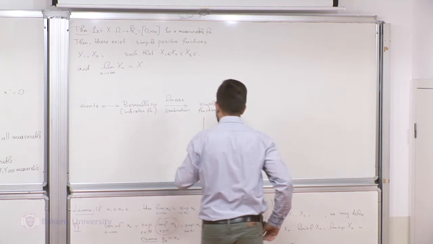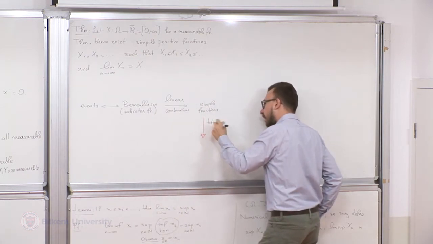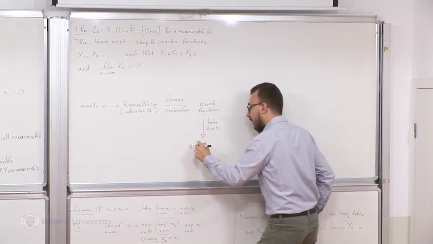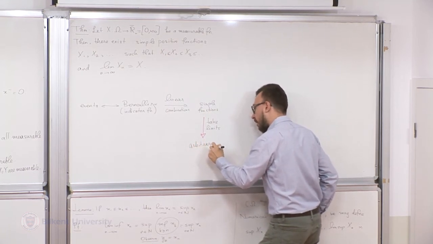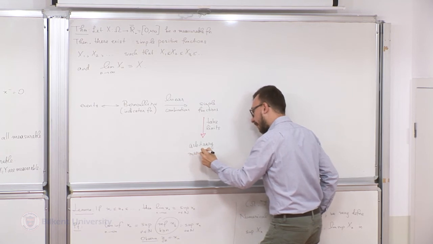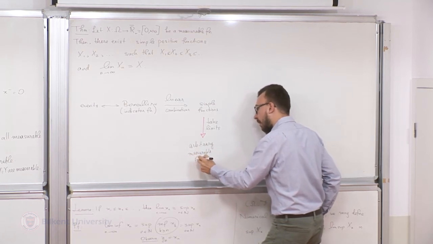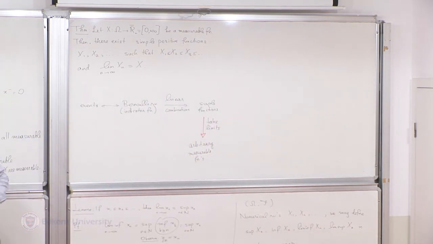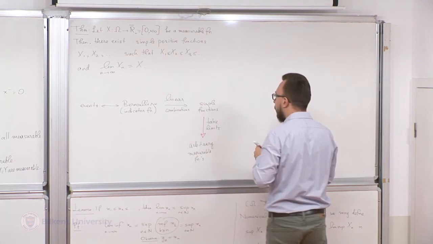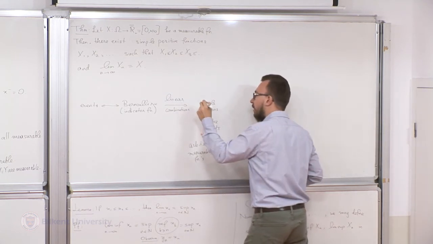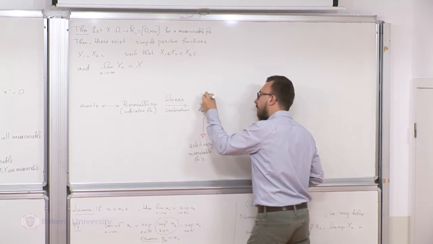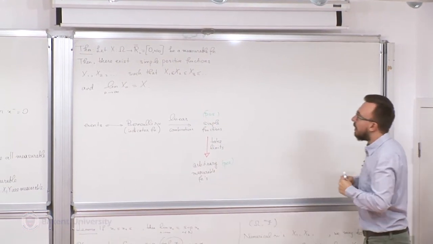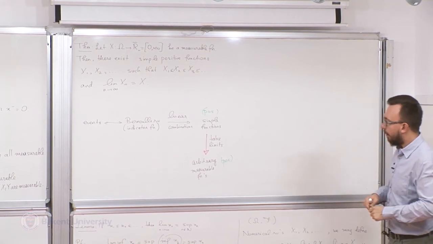So take limits to approximate arbitrary measurable functions. And we do it in the positive case for now, okay? Because it's going to be monotone. So let me say simple positive functions and arbitrary positive measurable functions. So that's what we do in the theorem.